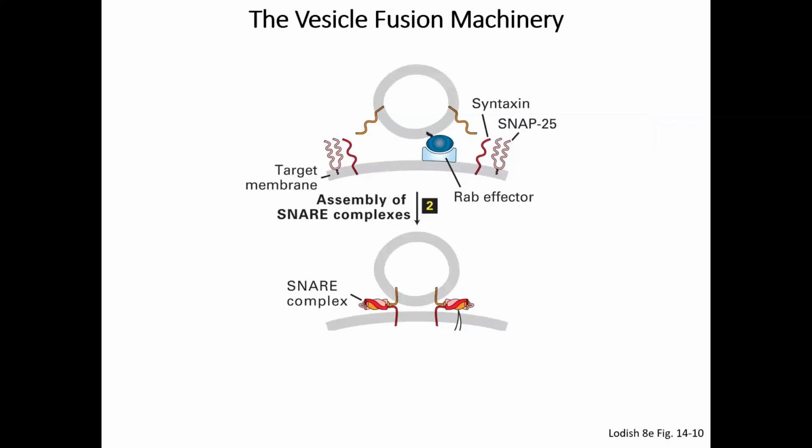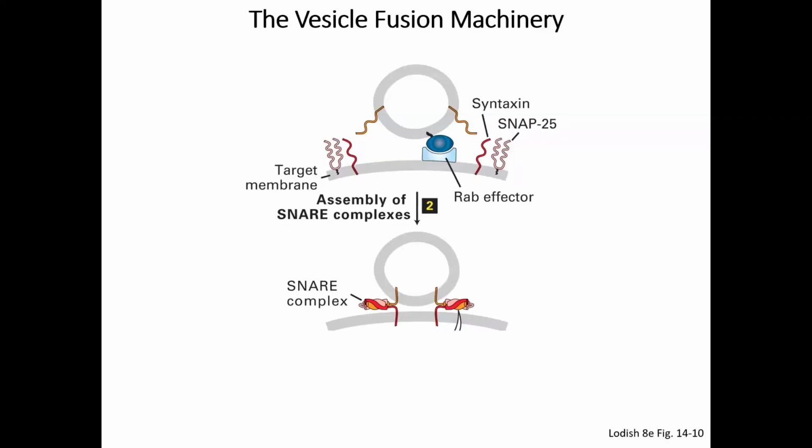Now see that this is an amazing molecular mechanism that physically fuses the vesicle with the target. Here, syntaxin, SNAP25 and VAM, the V snare and the T snares, interact with each other and form a coiled-coil structure.